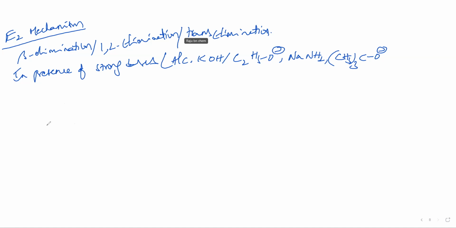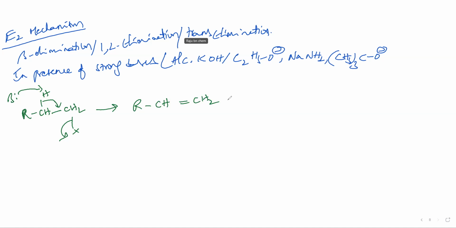So let us see an example for this. What you're getting is CH=CH2, so an alkene you are getting.